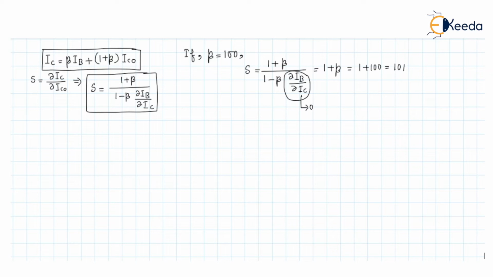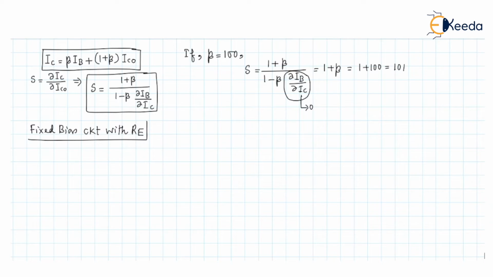That means the stability that we can achieve from the fixed bias circuit is not so good. We have to do something. So for improving the stability, we'll go for the fixed bias circuit with RE resistance.